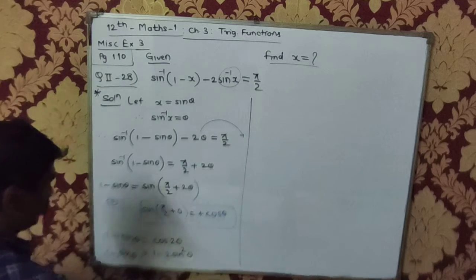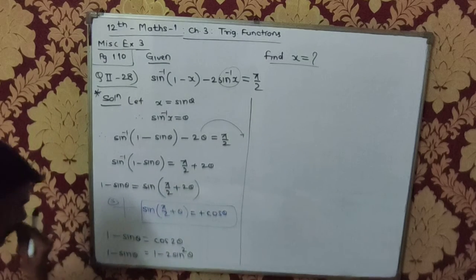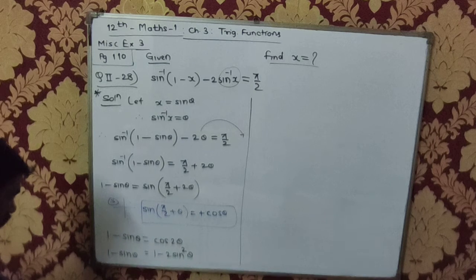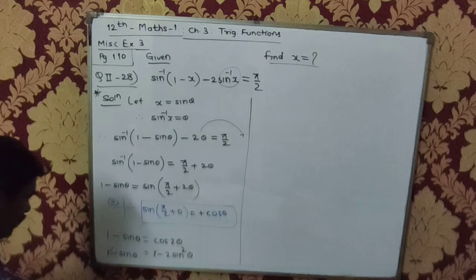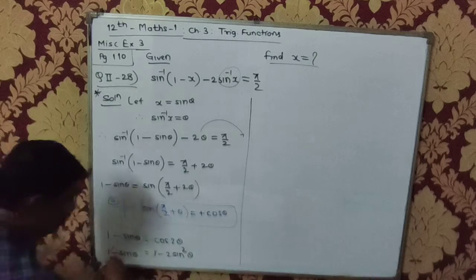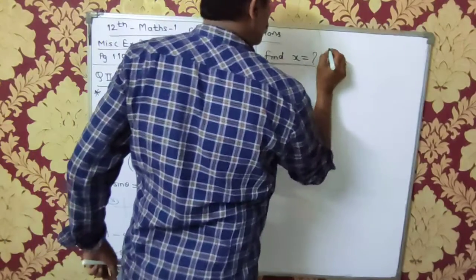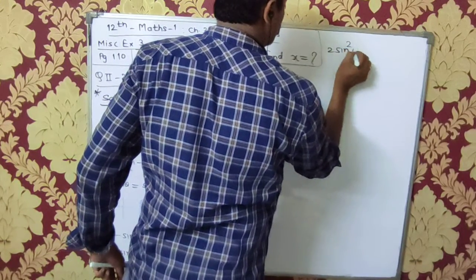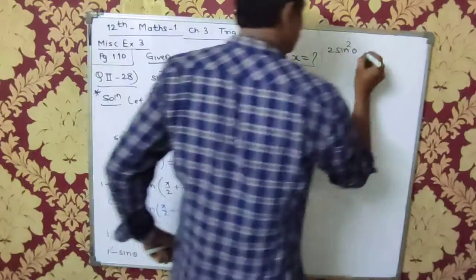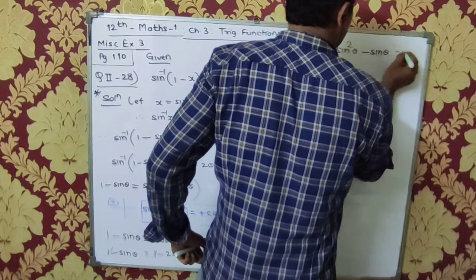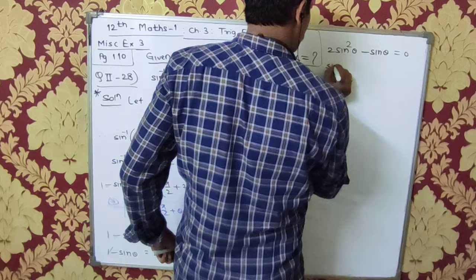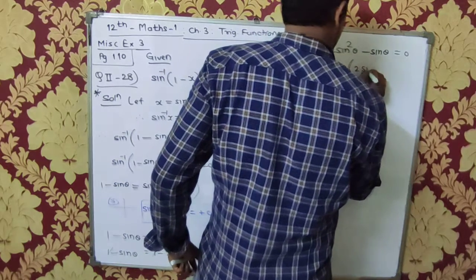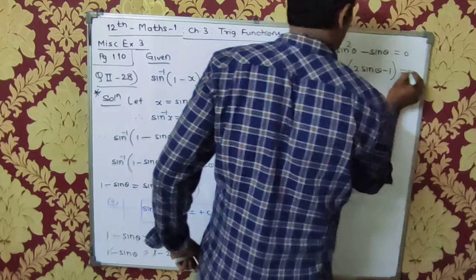Now this is a quadratic equation in sin theta. One gets cancelled from either side. So this goes to the other side, and this will become 2 sin square theta minus sin theta is equal to 0. Take sin theta common. So sin theta times (2 sin theta minus 1) is equal to 0.